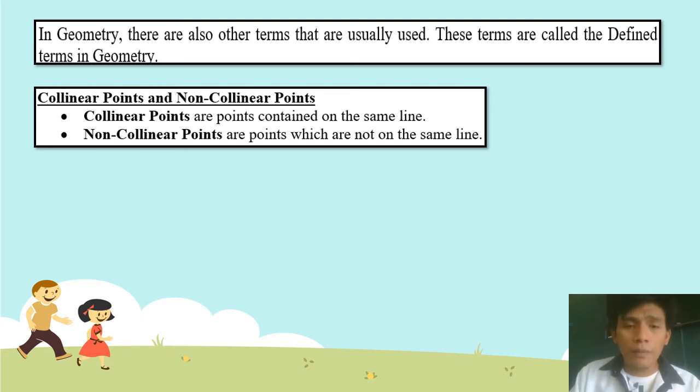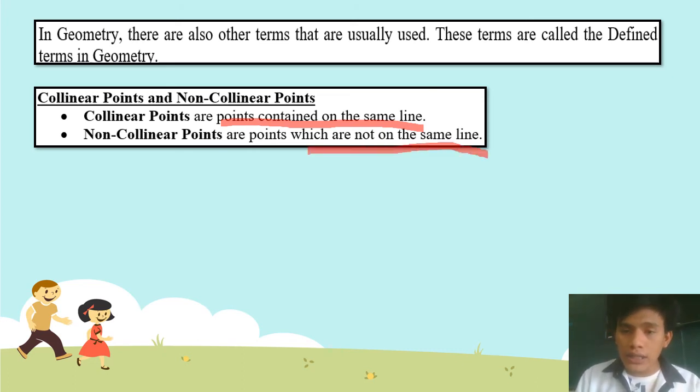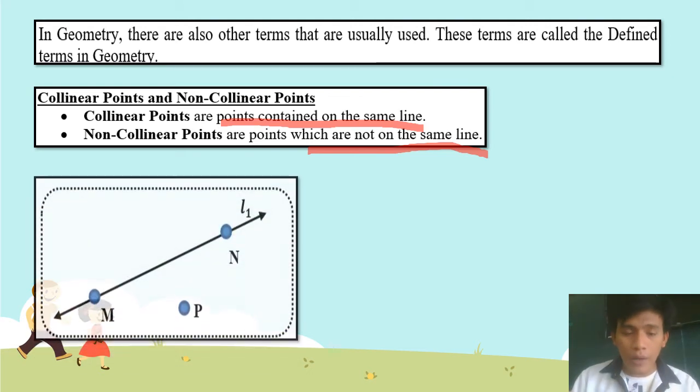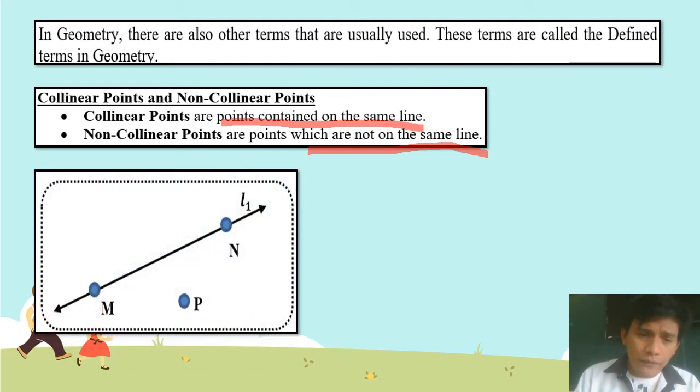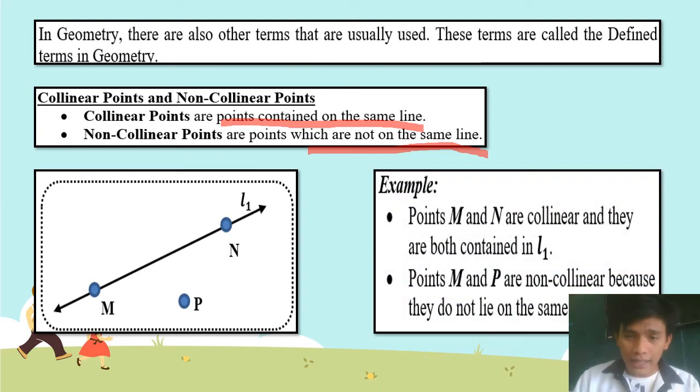When we say collinear points, they are points contained on the same line. Non-collinear points are points which are not on the same line. Example, if this will be our line MN, points found on the same line are points M and N. Therefore, they are collinear.